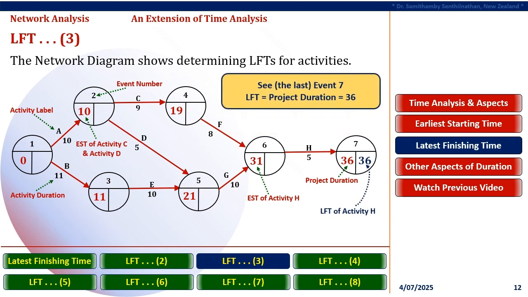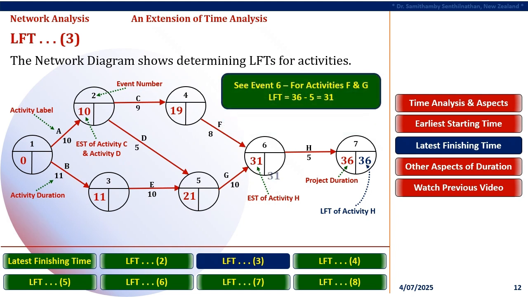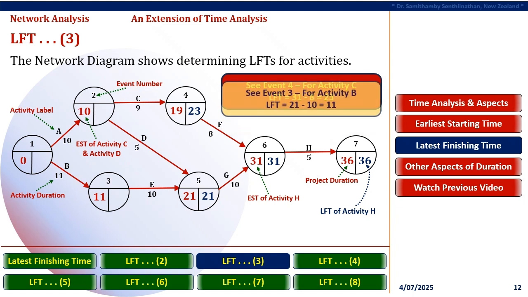However, while passing backward via activities C and D, Event 2 is common for both activities. It is important to consider which backward passing results in the minimum LFT duration for Event 2, either from activity C or D. In this example, for activity C, its duration of 9 months needs to be subtracted from the LFT of 23 months in its head event, that is, 23 minus 9 equals 14 months.